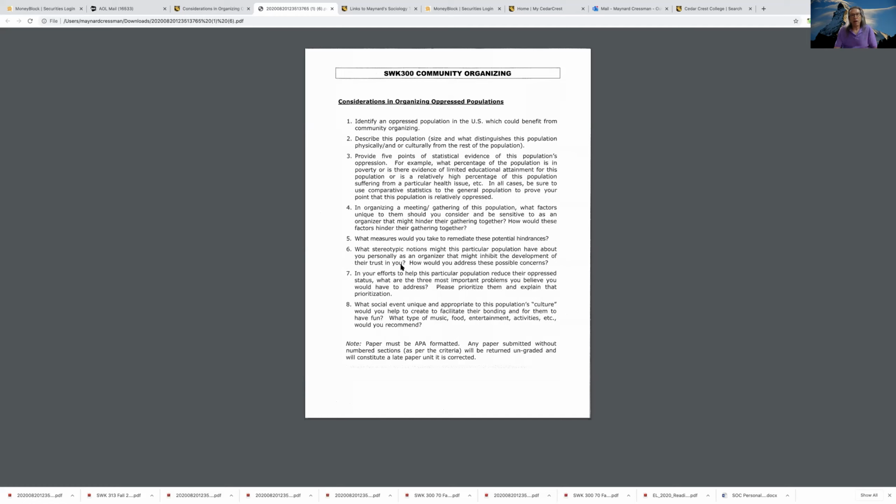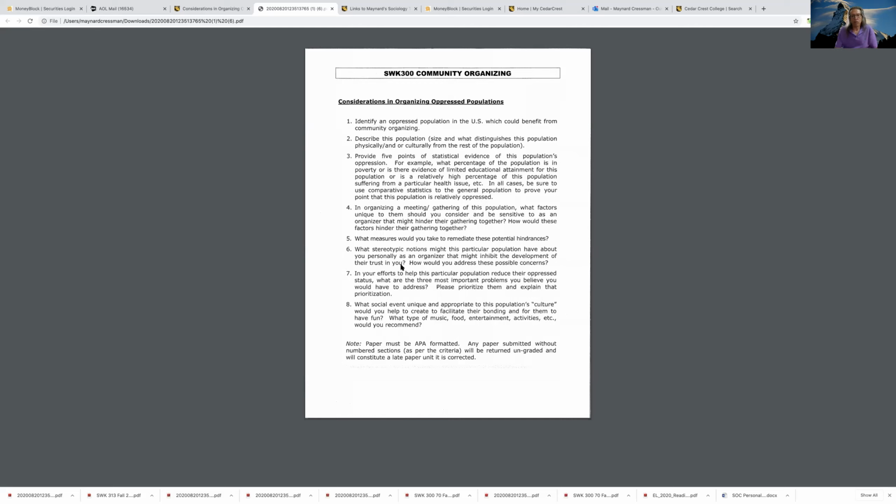Here's what I'm getting at. Let's suppose you're relatively young and you're organizing a population of the elderly. It's just possible they may think, well, what do you know about us? Look how young you are. You haven't experienced being elderly. I'm just saying what notions they might have about you.